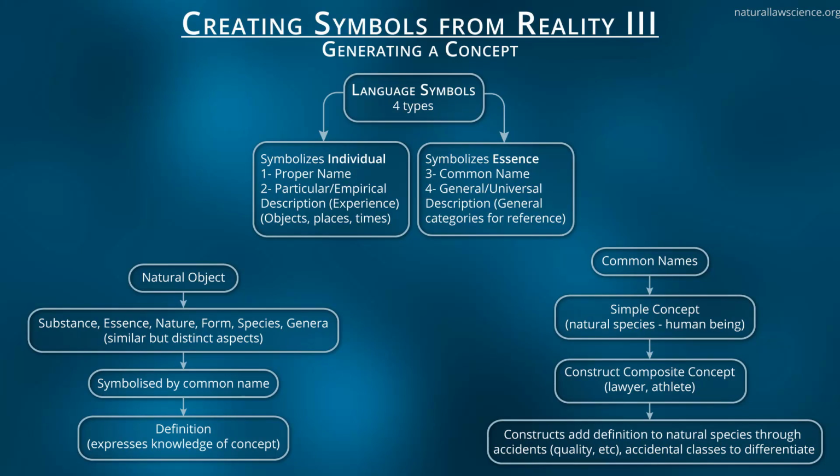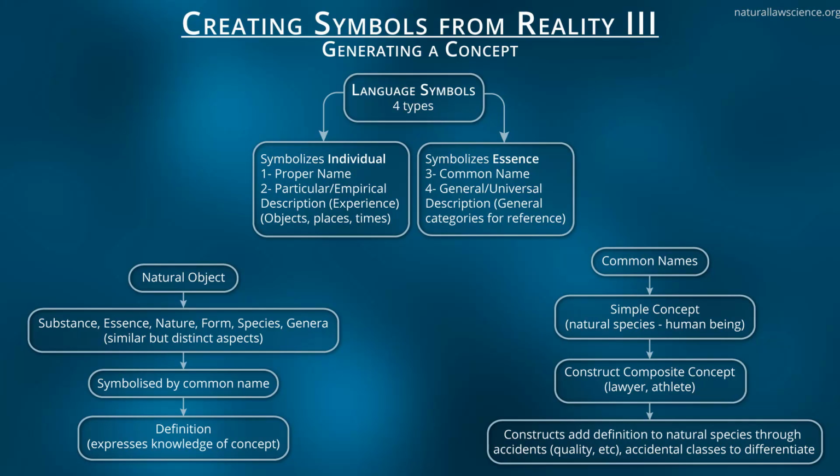So we have our natural object, which is where we're inside of it, where the form is, where the universal is. That's where we find our substance, the essence, the nature, the form, species, and genera. These are all similar but distinct aspects. Substance, essence, nature, form, species, genera. They're similar, but they're distinct. Anyways, look into those yourself if you want to know the specific differences.